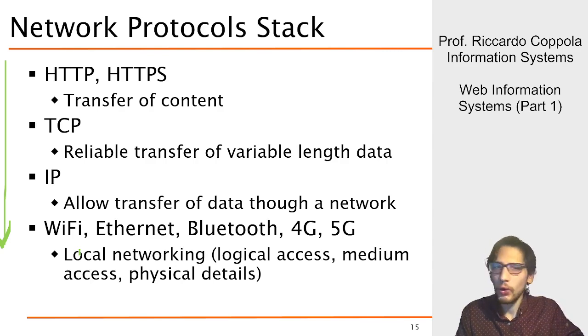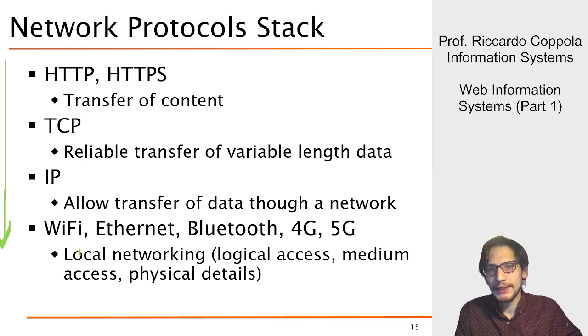So we have all the protocols for communication like Wi-Fi, Ethernet, Bluetooth, 4G, 5G, through cellular network. All of them are very simple protocols that just transfer data, bytes of information. Those protocols allow me to send data to another node in the network.